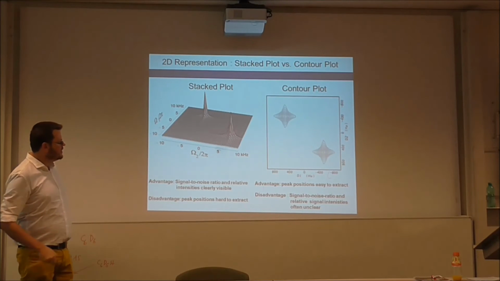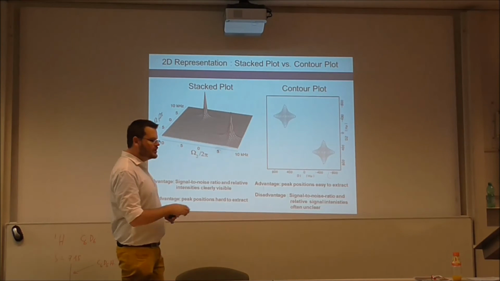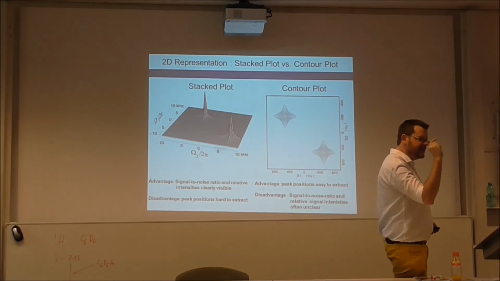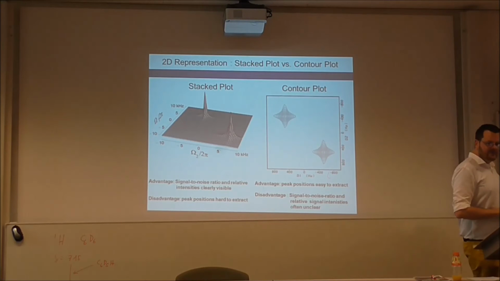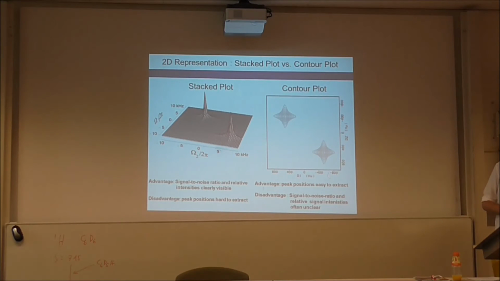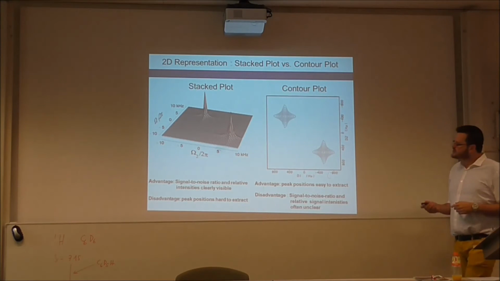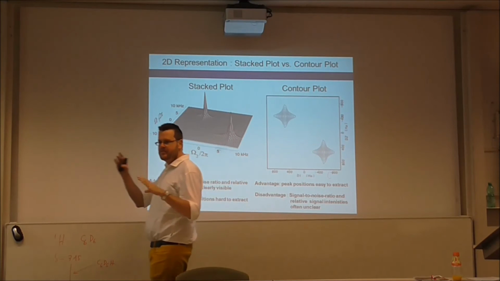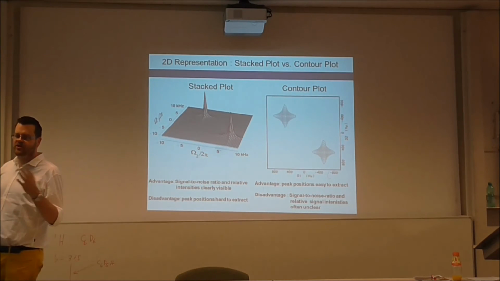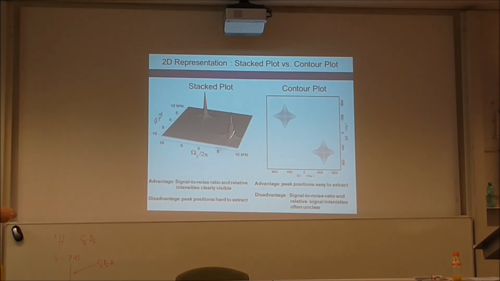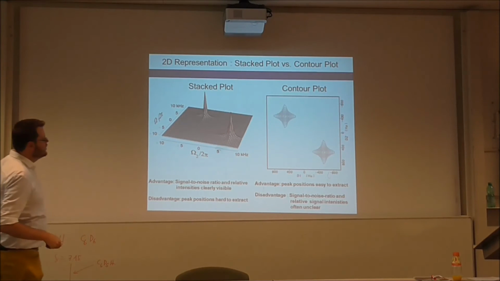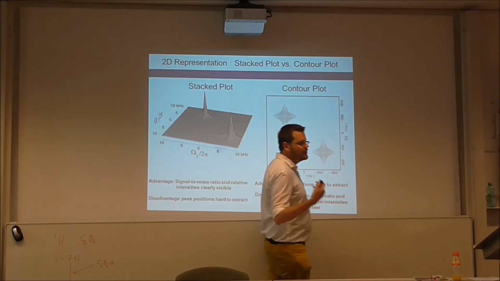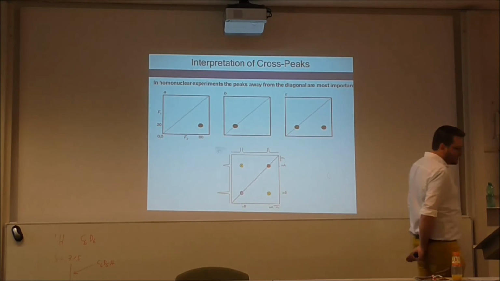If you do it in three dimensions, you can see that there's a real signal there, and very often that's important. If you increase the resolution, you guys have experienced this, you don't know if it's a real peak or just noise. So to pick out a signal from noise, this is better. To get the actual cross peak position, the contour plot is better.